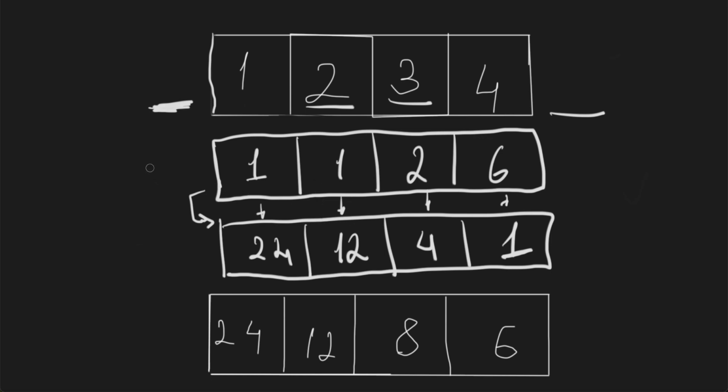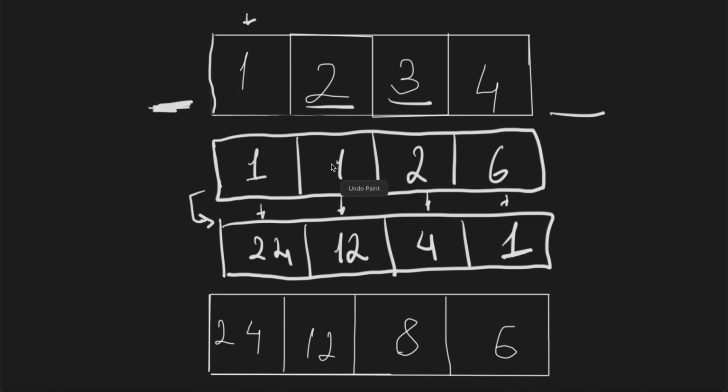How do we find these two lists in linear time? We can simply traverse the list and write down all of the multiplications that we get, kind of a running sum.